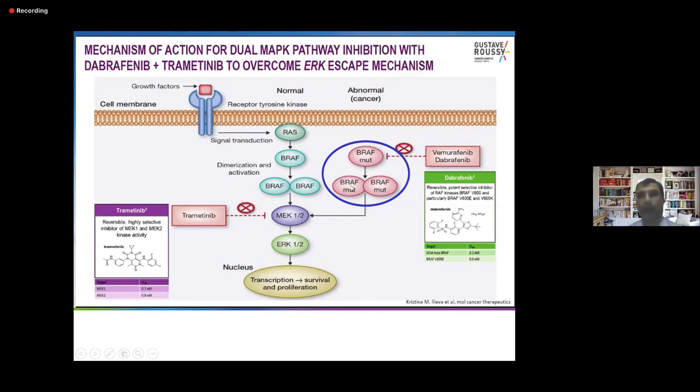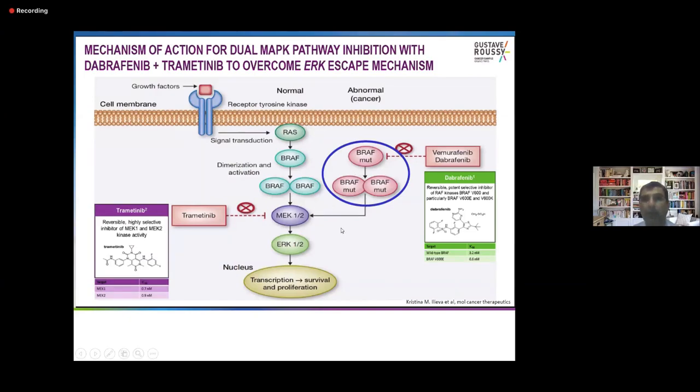If you have to listen to one slide in theory that you have to understand, here it is. Even if you block the BRAF mutation with a TKI against it, the MEK pathway becomes more active, and the response to a BRAF-only inhibitor is very, very short-lived. That is why the PFS will be shorter, because even if you block the BRAF, the MEK becomes active.